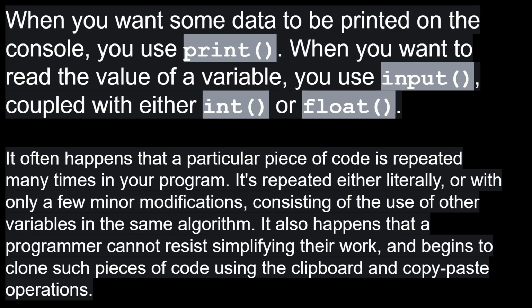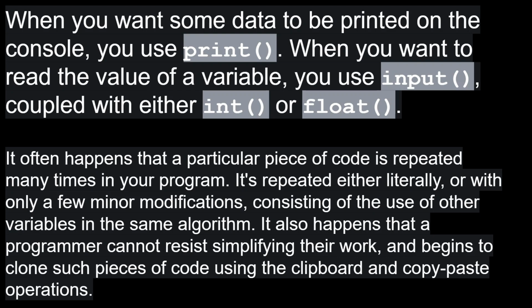Integer is a function that comes with Python already, and float is a function that comes with Python already. And I believe that you guys are familiar with all these functions. If you are familiar with Python, or if you're a beginner in Python, you must have come across print, input, integer, float.